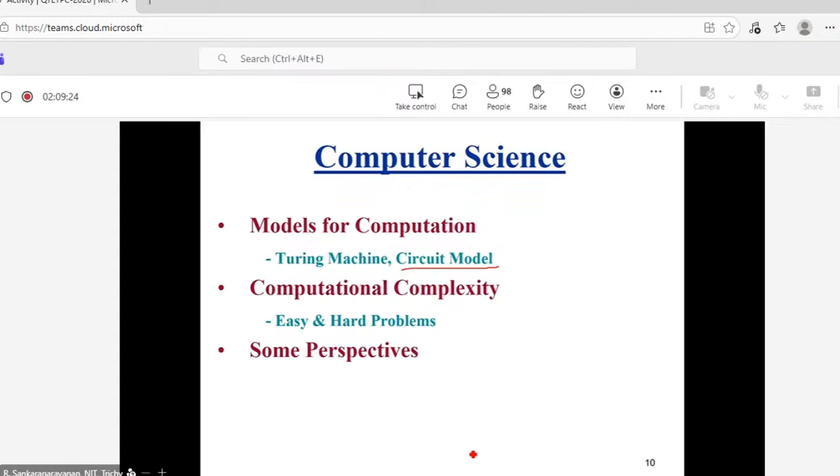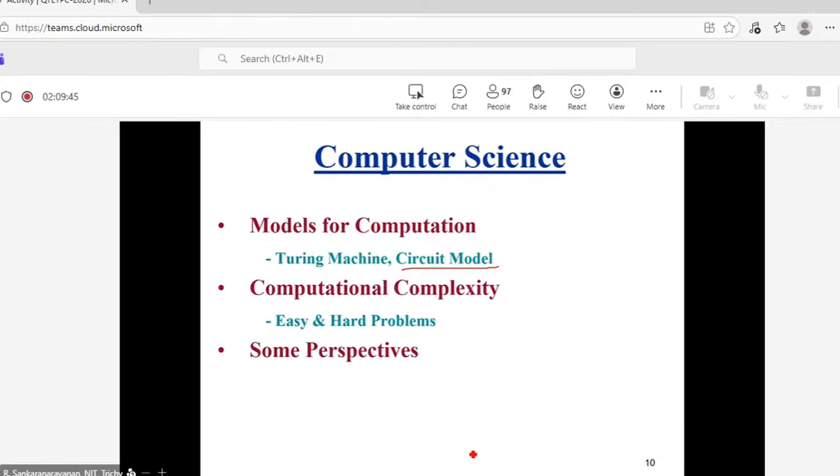Broadly they classify the problems into easy and hard problems. This kind of study comes under the domain of computational complexity. There is a reason for that.